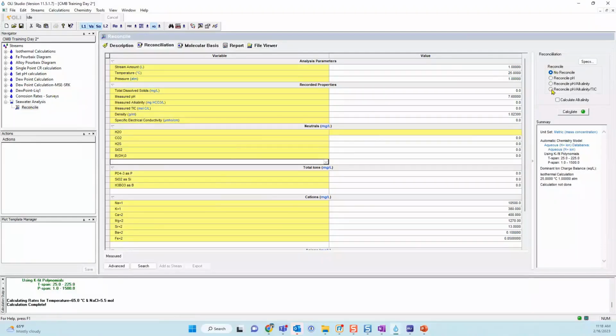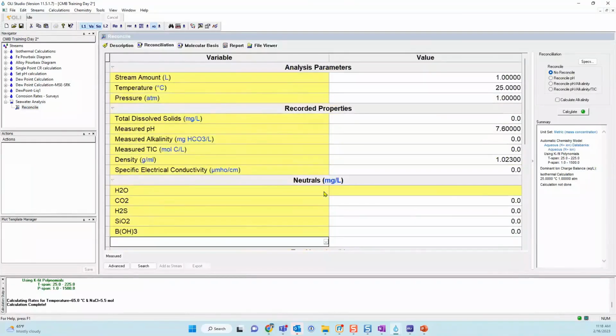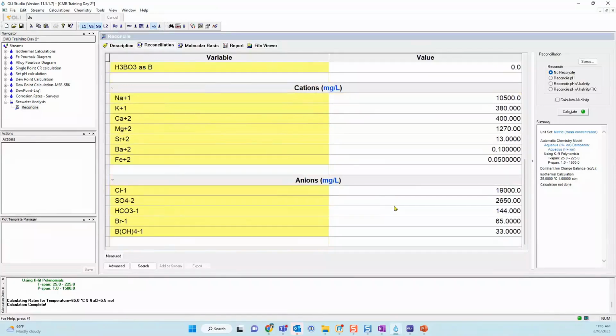The reconcile option here to the right, well, you have 4 options. You have an option to, I don't like this name, it says not reconcile, but what it means is that you're using the concentrations of these anions and cations to calculate the properties of the solution. You are not going to use the pH, you're not going to use any other variable.